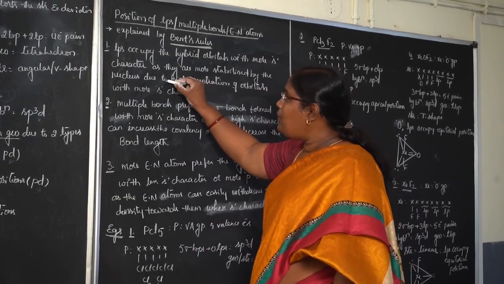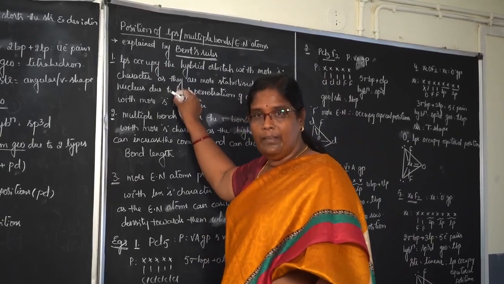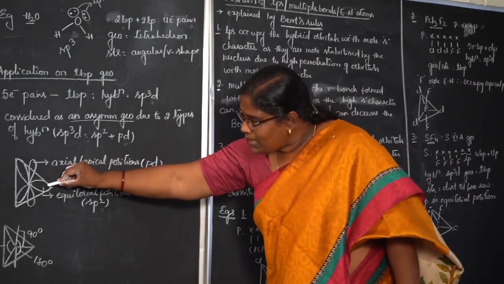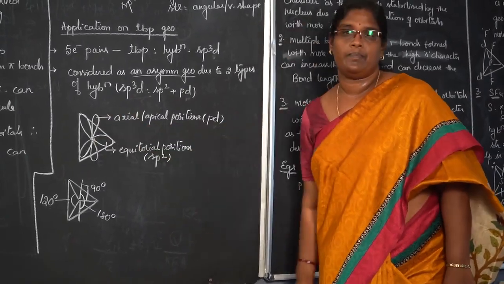So, when we apply this rule to the trigonal bipyramidal geometry, lone pairs must always occupy equatorial positions.